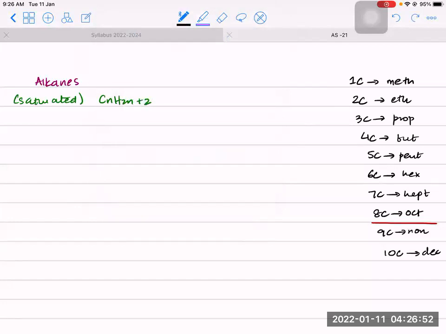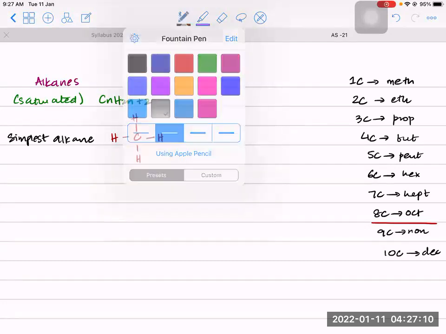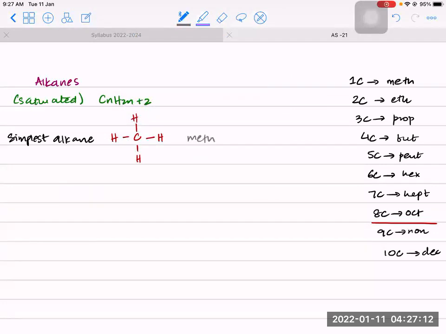The simplest alkane is a one carbon alkane, where you will have all four single bonds around it. Therefore, we will call it meth, because it's one carbon, and ane because it's an alkane. So this is methane.